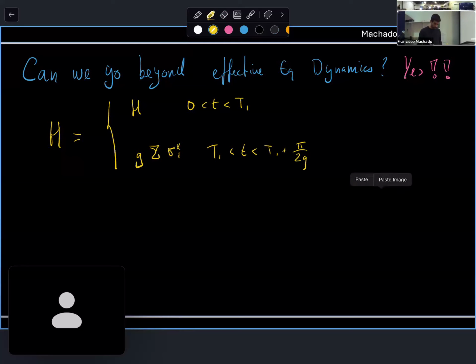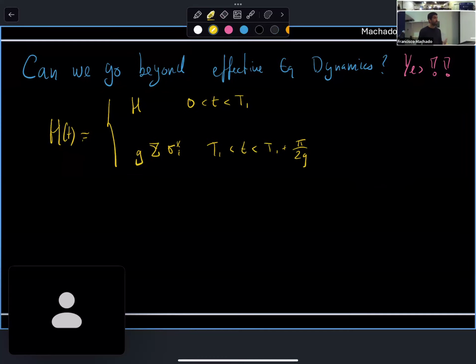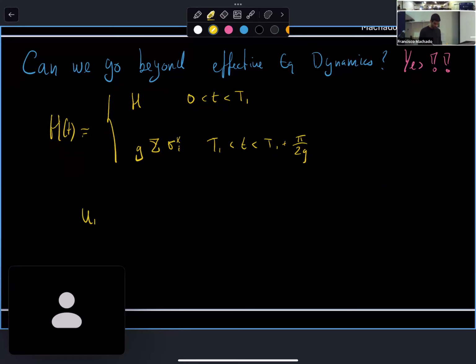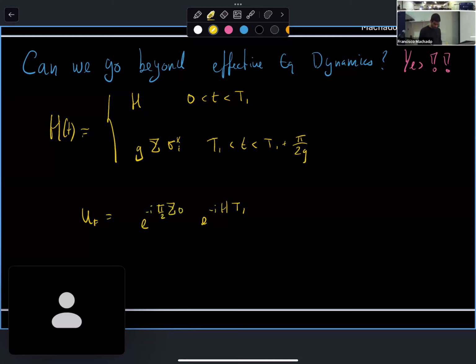And the reason why I choose this, this should be h of t, is that once again my dynamics are going to be very simple to analyze. If I compute it, first I evolve under this effective Hamiltonian for some time t1. And then I'm basically going to do a rotation, which is minus i pi over 2 sum over sigma x i.